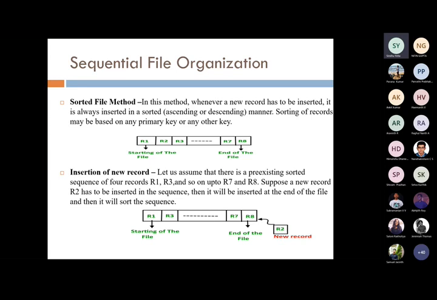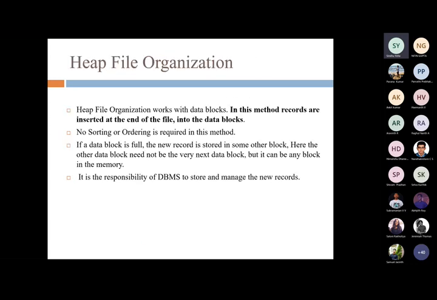Once it has been inserted at the end of the file, we'll sort the records in the file so that they appear either in ascending order or in descending order, right? So this is how we work with the sorted file method, right?